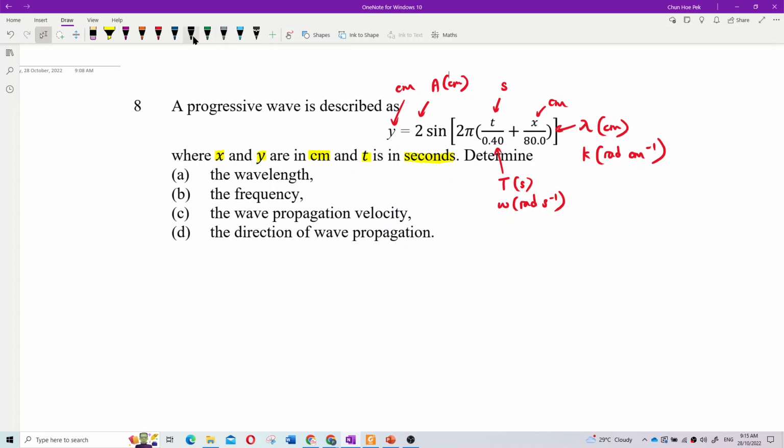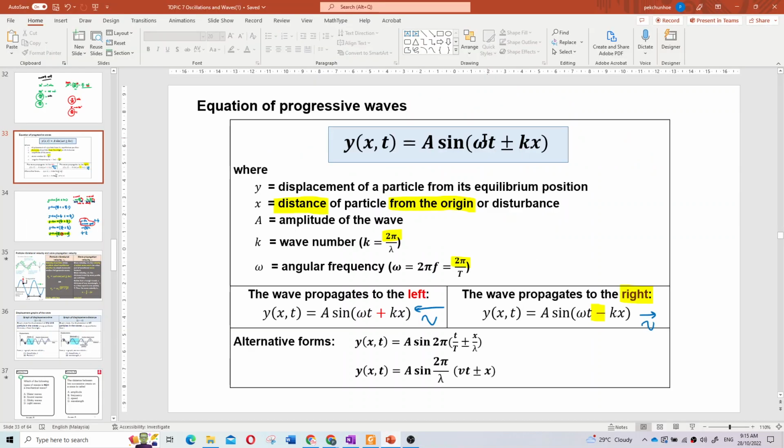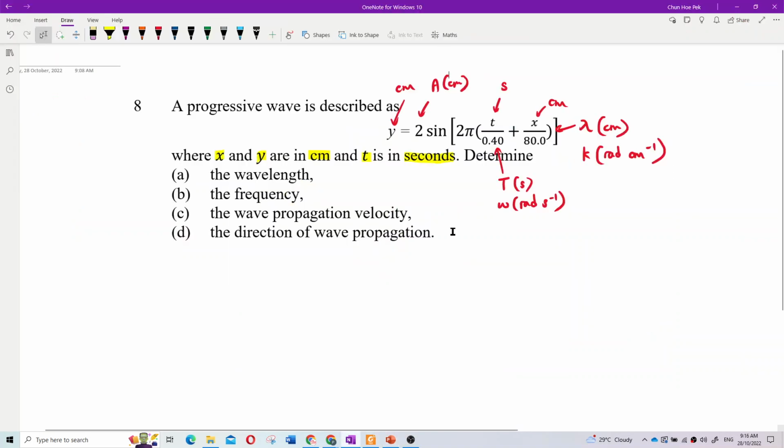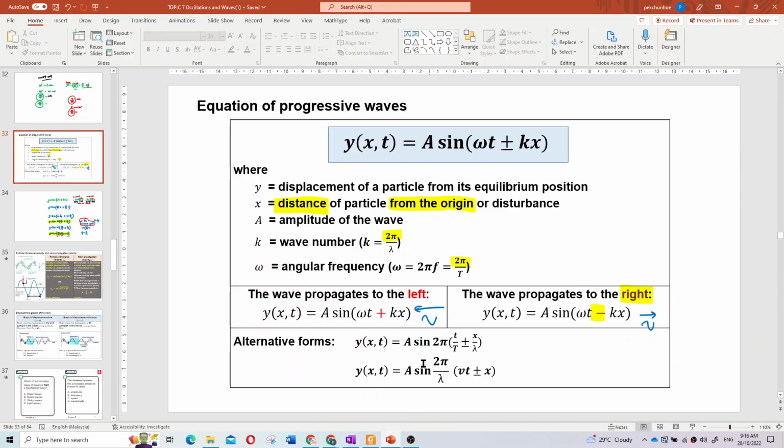Yes, sir. Good. So now you have this formula. What's our general formula? This is the progressive wave formula. Actually, there is an alternative form of this formula, but sometimes the exam doesn't give the alternative form, so you need to derive it yourself.